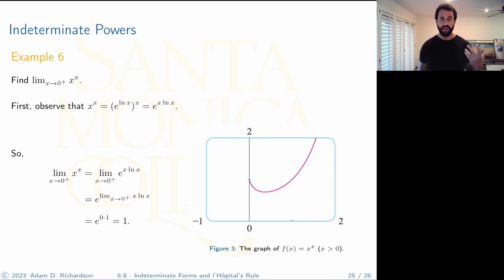All right. Now we're just going to take the limit like we normally would. So the limit as x goes to 0 of x to the x. I rewrote x to the x as e to the x ln x. But again, the exponential function is continuous, so we can move this limit into the exponent, and we get this limit right here.